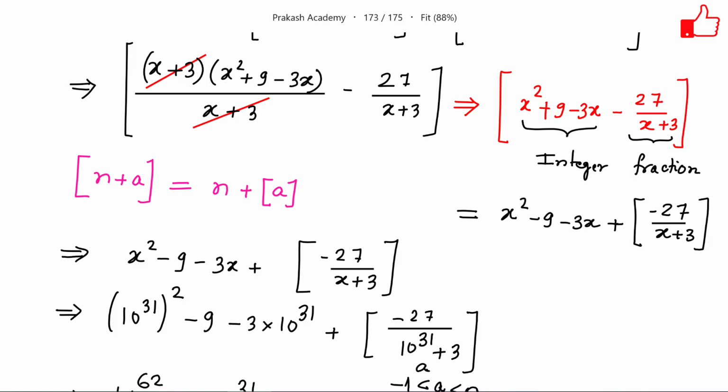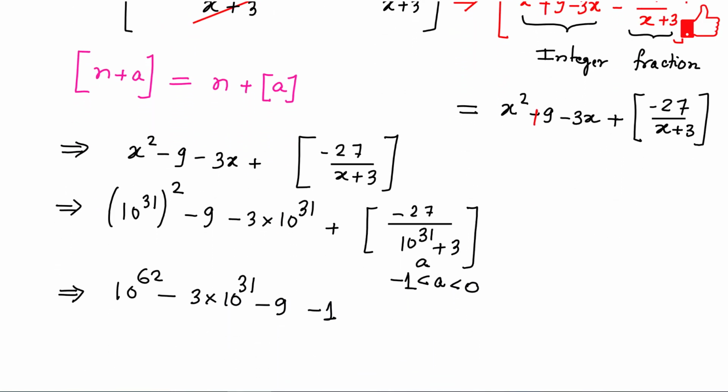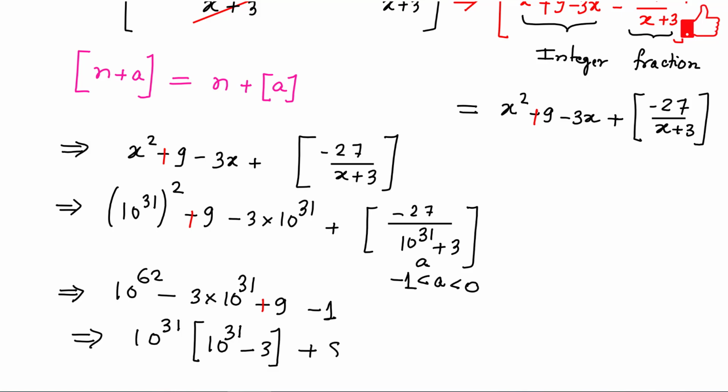This is x squared plus 9 minus 3x. So 9 minus 1 is 8. So finally, you can take 10 raised to the power 31 common. So you will have 10 raised to the power 31 minus 3, and this is plus 9 minus 1, that is 8.